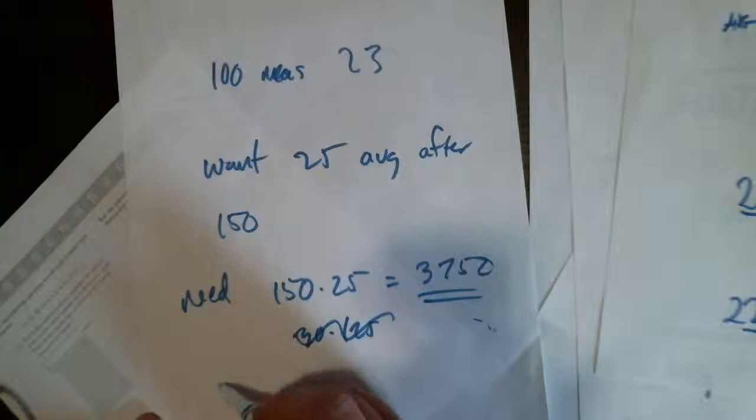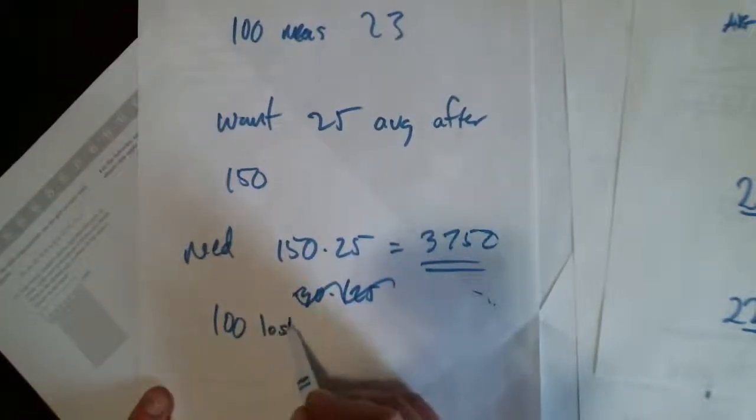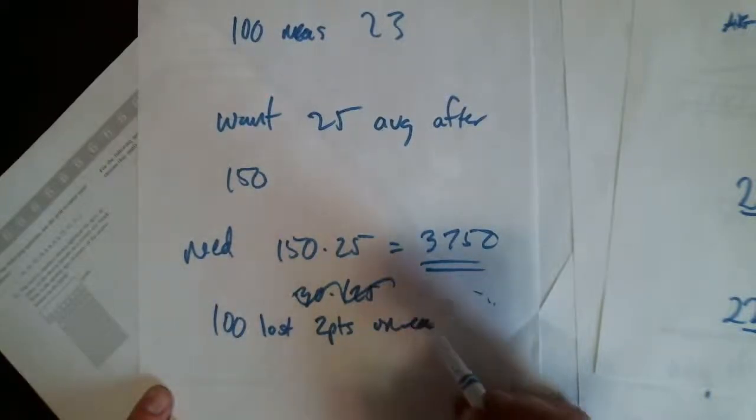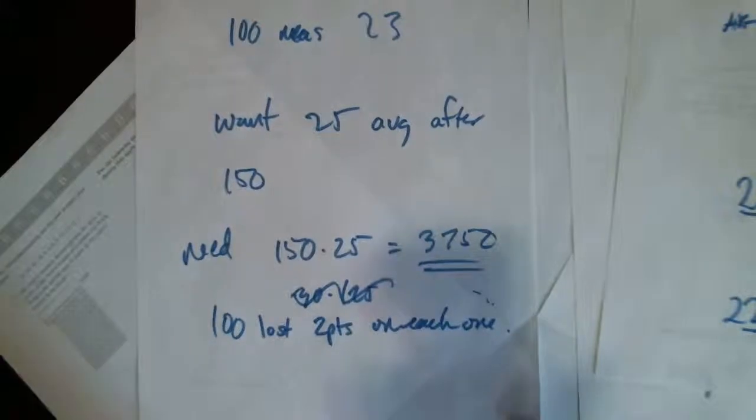But really, what I want to think about is, you've had 100 measurements, and you've lost 2 points. You've got to gain all those points back, and you've only got 50 more measurements to do it.